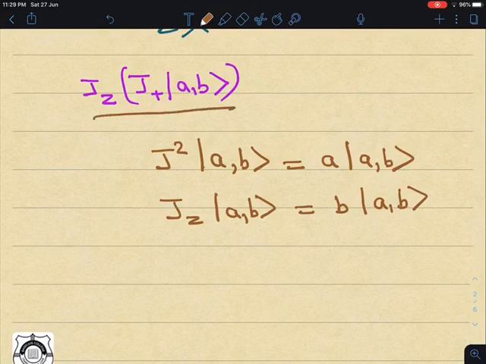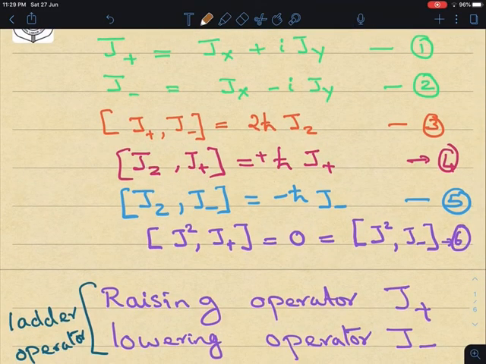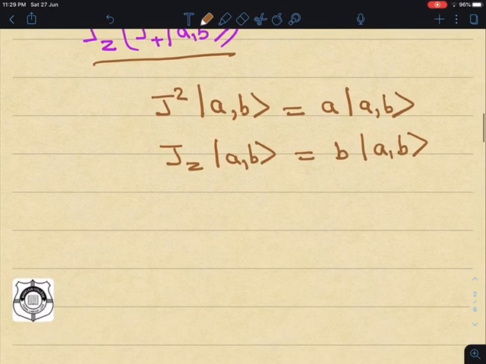Now in order to solve this, we make use of the commutation relation. What is it? The fourth one, the commutation of Jz and J plus is equal to h cross J plus.